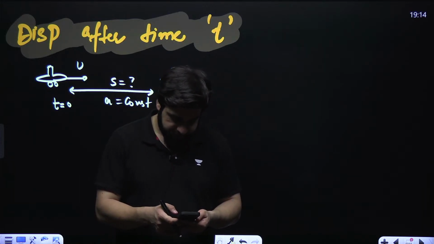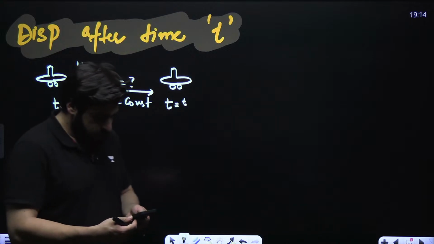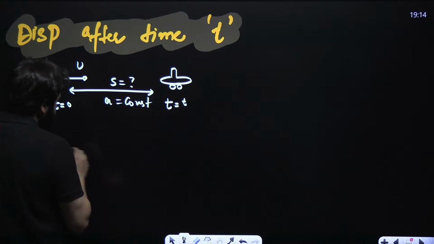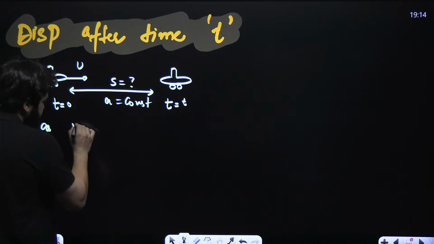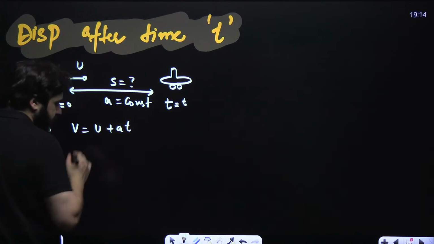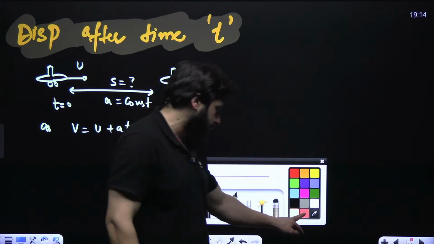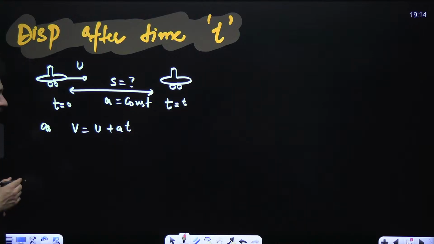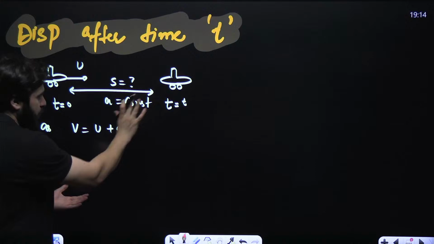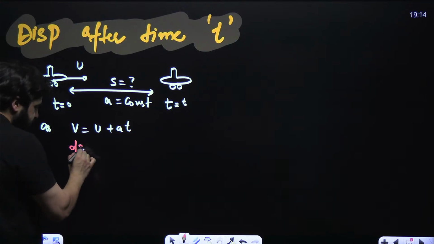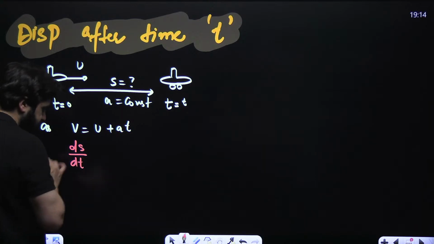So guys, I use the equation V is equal to U plus A into T. Now in this particular case, this is the velocity of the car after time t. Can I write this v as ds divided by dt?